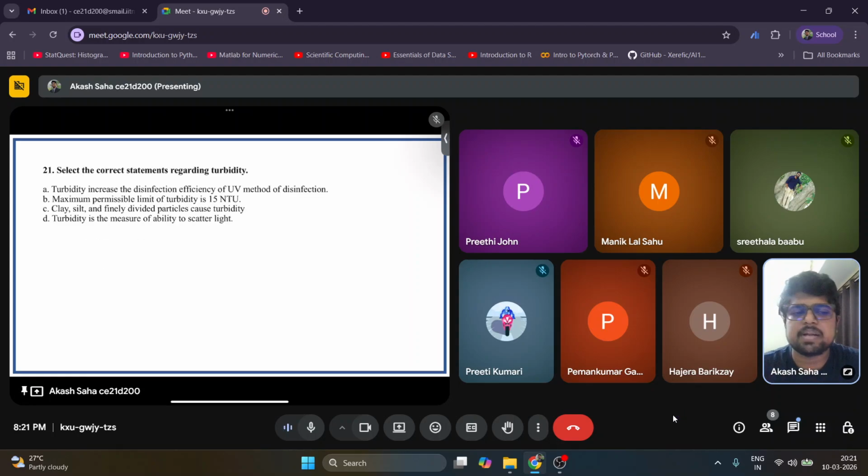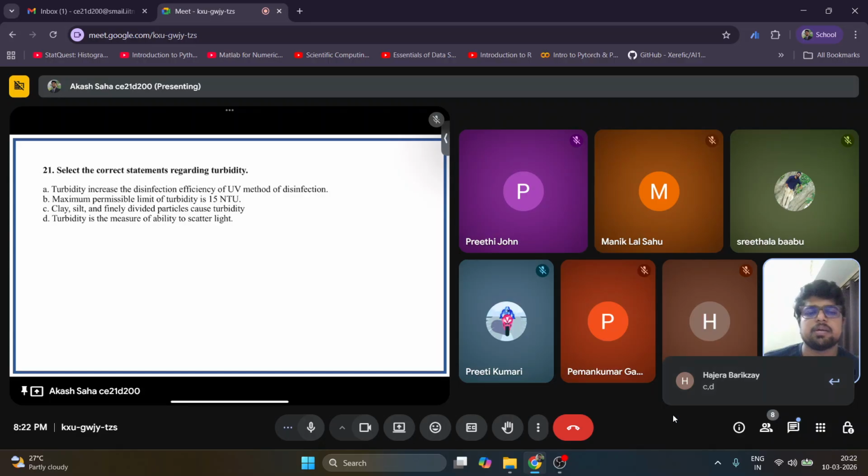Select the correct statement regarding turbidity. Turbidity increases the disinfection efficiency of UV method. Maximum permissible limit of turbidity is 15 NTU. Clay, silt, and finely divided particles cause turbidity. Turbidity is the measure of ability to scatter light. So yes, C and D are correct, because turbidity will not increase the efficiency of disinfection.